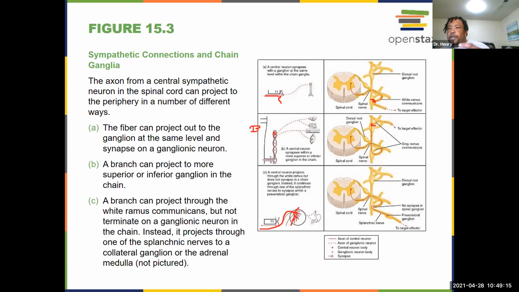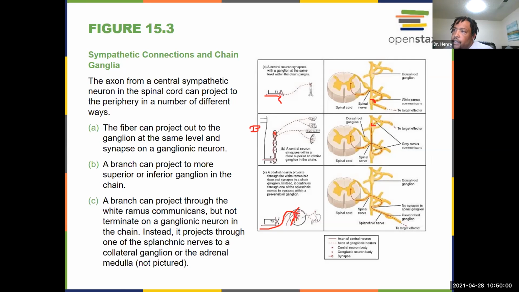So it's going to be projected by a chain, a little chain of synapses. Instead, it's going to be projected through one of the sympathetic nerves, and that's going to be nerves to a collateral ganglia or the adrenal medulla.